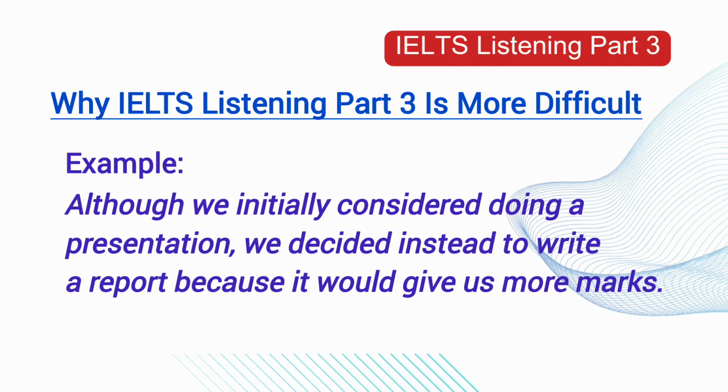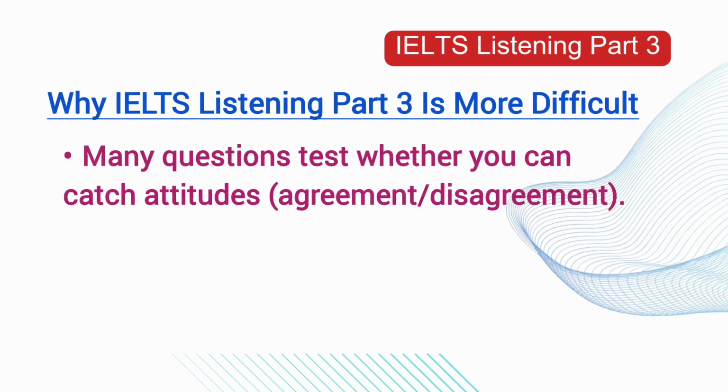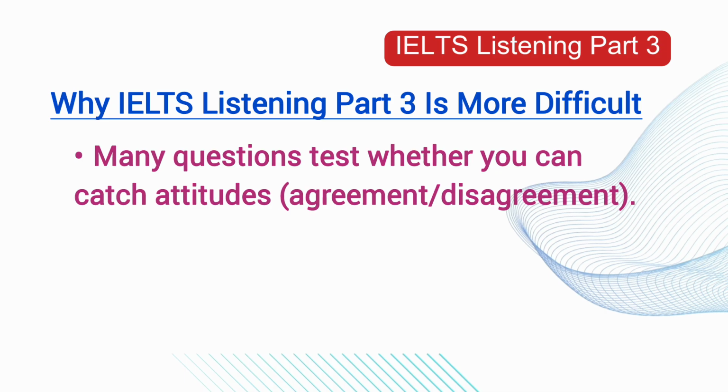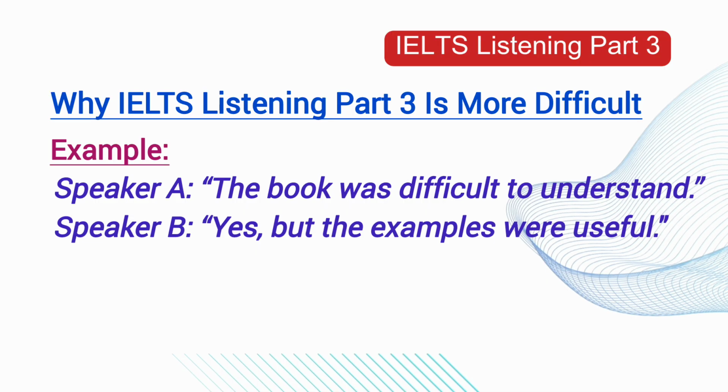or instead. In part 1 and 2, many answers are directly repeated. In part 3, the wording in the question is rarely repeated exactly. In addition, speakers often say something, then change their mind. Many of the questions test whether you catch attitudes, that is, agreement or disagreement. For example, speaker A says the book was difficult to understand.